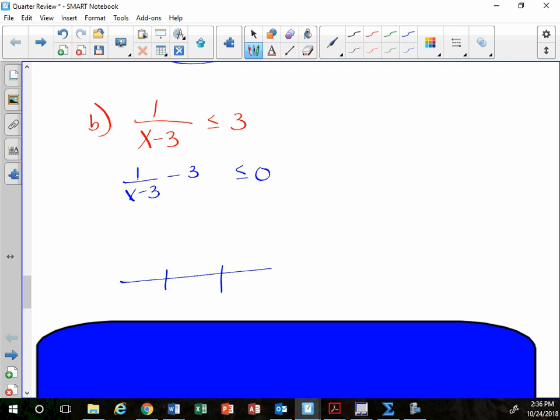Okay, so you have to take this, let's think of it as being... It's just going to be a negative 3, which is going to change where you're at.